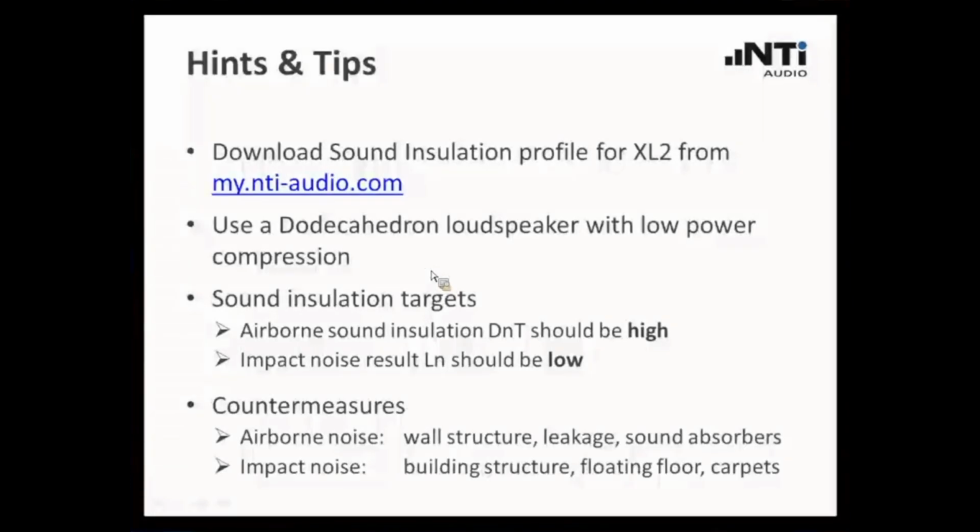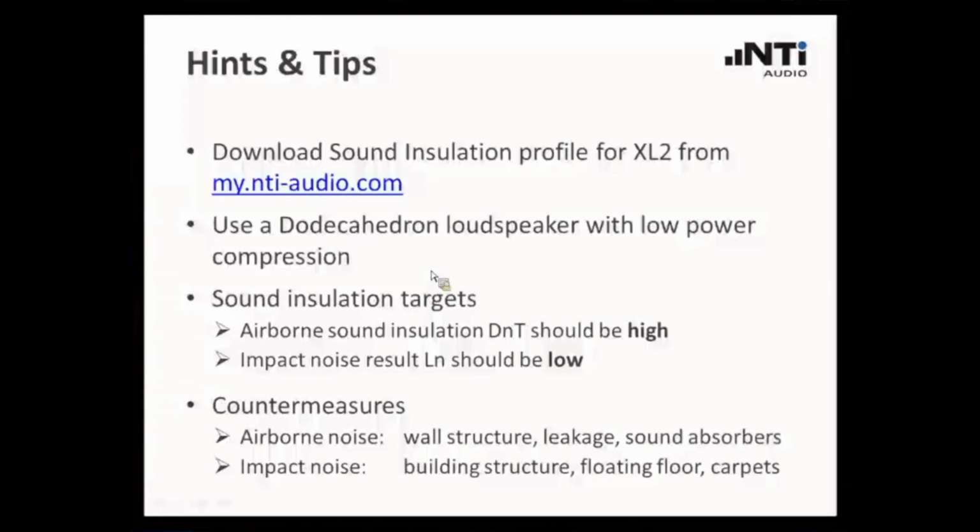Last but not least, if you have results that are not satisfactory, if you have to improve the situation, what can you do? Talking about airborne noise, you can improve the wall structure. You should watch out for leakages. Leakages are always bad. They reduce the sound insulation, so you should fill them up.